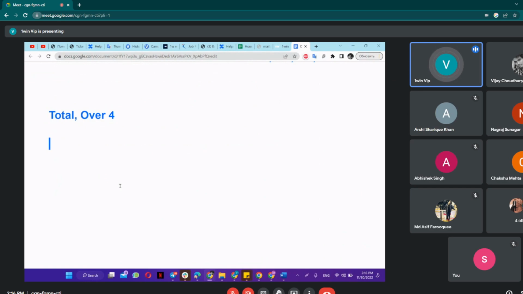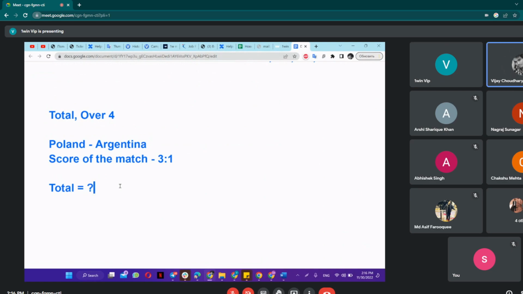Let's suppose we have Poland, Argentina, and the score of the match will be 3-1. First, what is the total? It's 4. Yeah. So, what will happen to this bet?